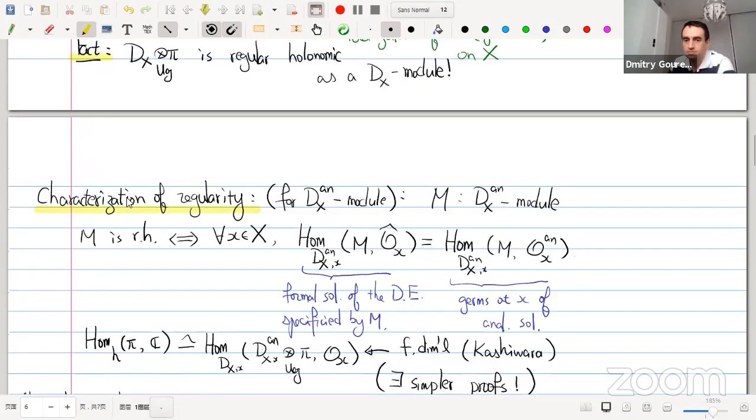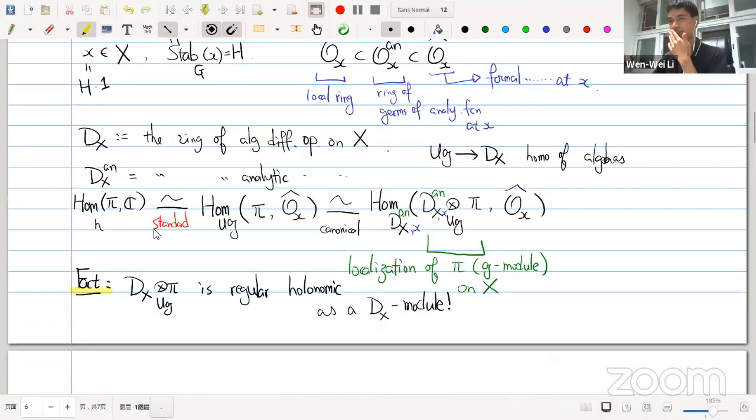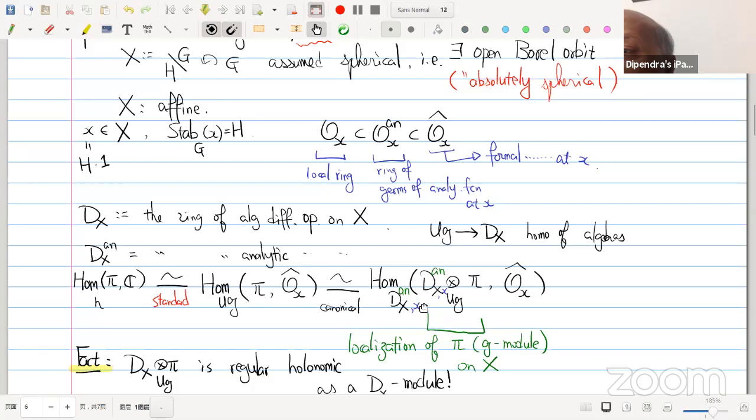Automatic continuity means if you start from some invariant linear functional like this, something in this space, then you can get some formal function on your variety X around small x. So you can think of it as some formal version of matrix coefficient, right?